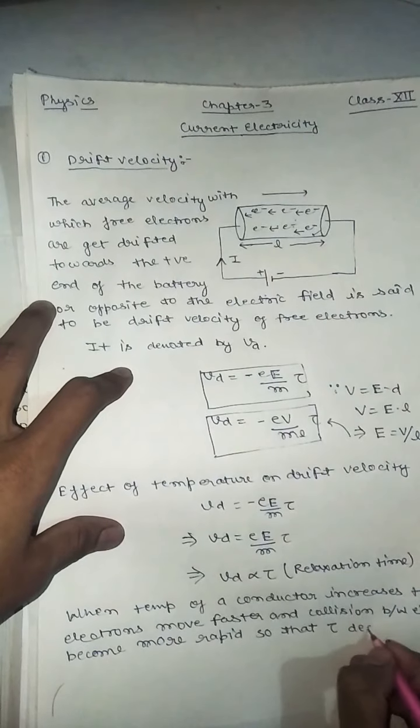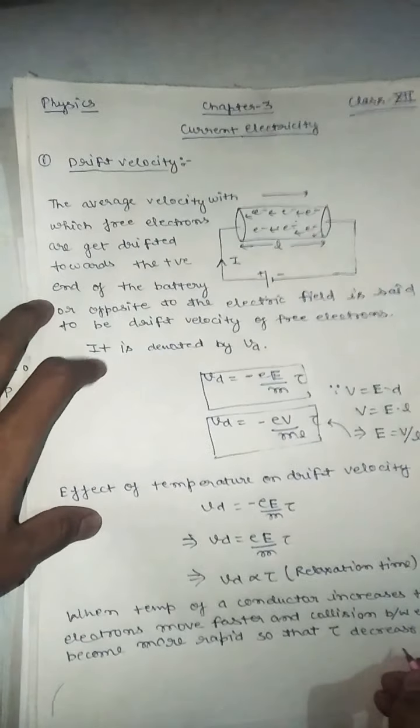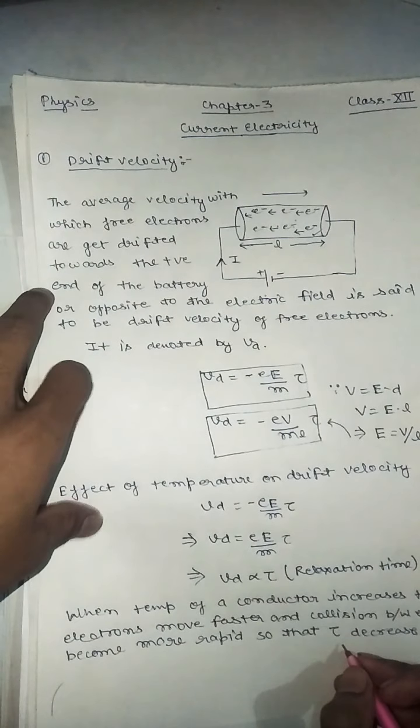Tau decreases, because if they are colliding in a very short period of time, then the relaxation time will decrease.